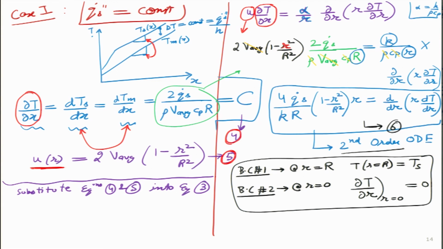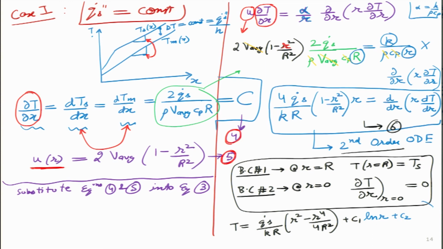So, equation 6 I can solve with the help of these two boundary conditions, and this exercise I will leave to the students because the solution will look something like this. I can just share the rough solution, q dot s divided by k into capital R, bracket r square minus r to the power 4 by 4R square, plus C1 log r plus C2.